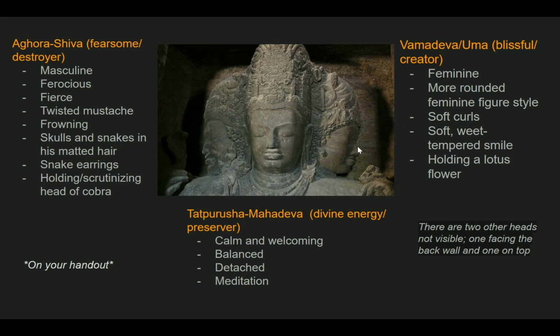And it's much more feminine. So again, this balance of masculine and feminine. The figure style is much more rounded to reflect that. There are also these soft curls. It's more decorative with this jewelry, and this soft, sweet-tempered smile, holding a lotus flower. So here we have the Sadashiva, these three of the five.